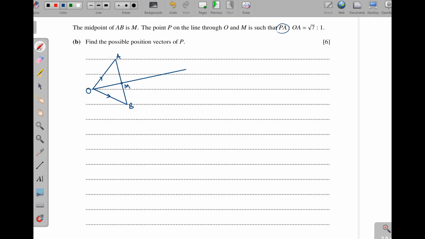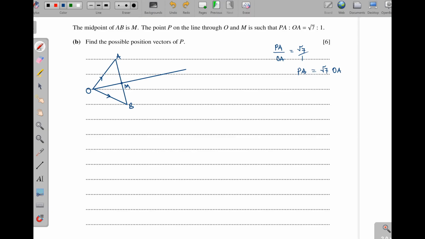And then they are saying that PA to OA is root of 7 to 1. In other words, PA out of OA is equal to root of 7 over 1. So PA is root of 7 times OA. So that means PA is bigger than OA.